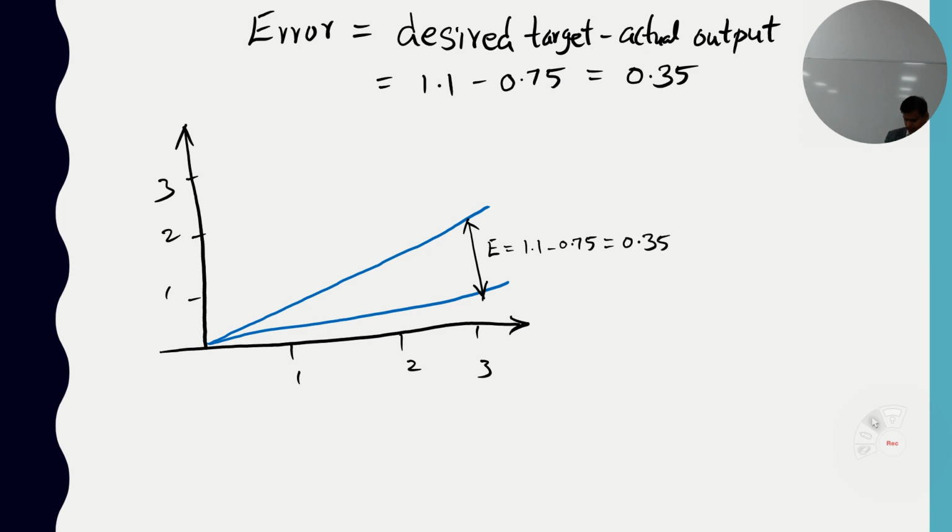So we know that this is the line for the calculated value, which is 0.75, and this one is the desired value.